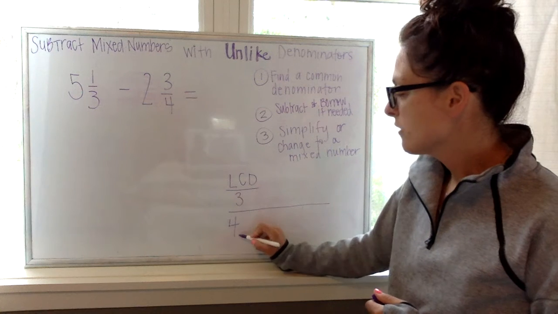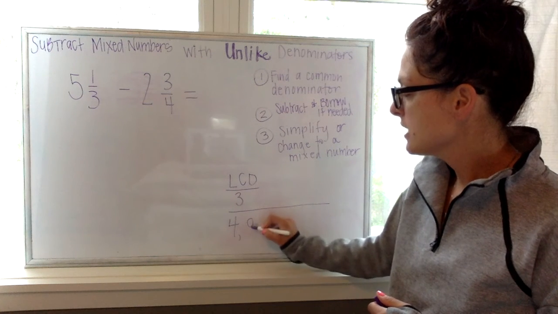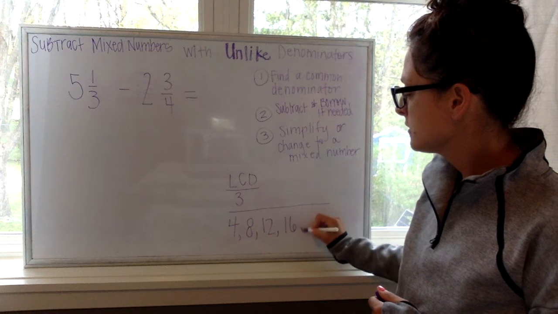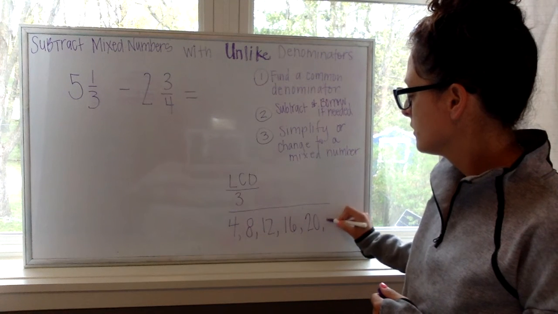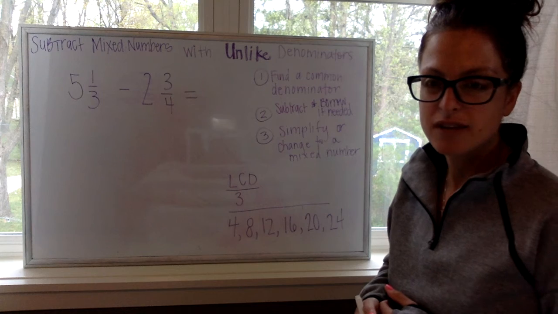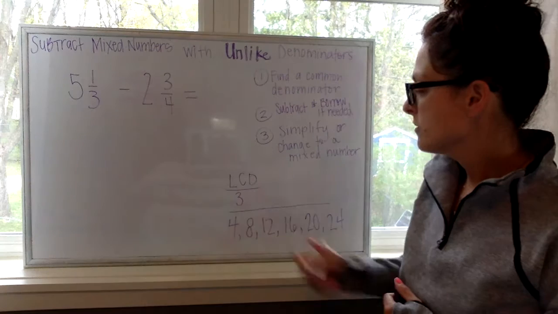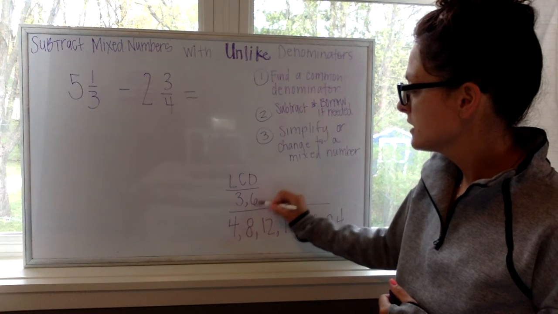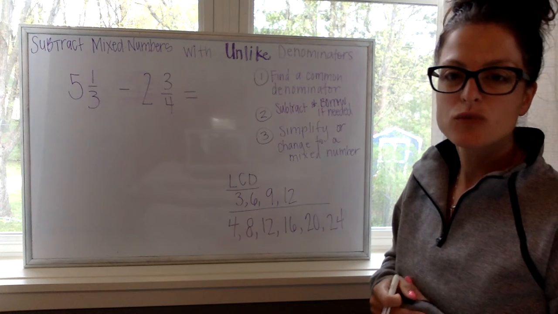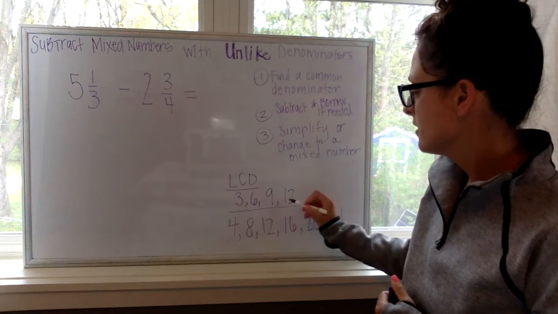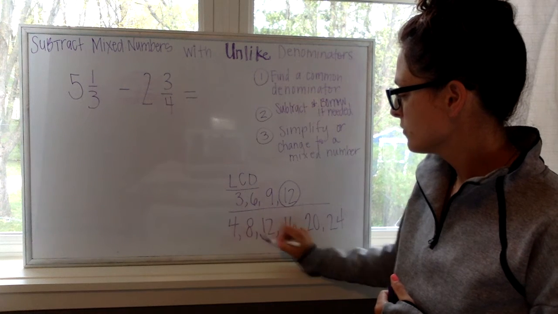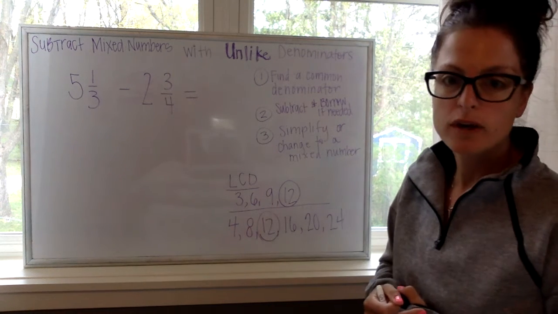So I have 4 plus another 4 is 8, plus another 4 is 12, 16, 20, 24. That's when your good old multiplication facts come in handy. Then counting by threes, I have 3, 6, 9, 12. I can stop right there because right away I see a match. I have 12 for multiples of 3 and 12 for multiples of 4.